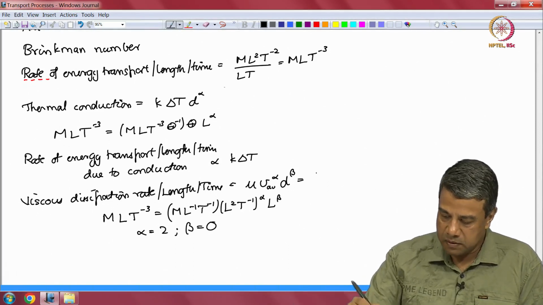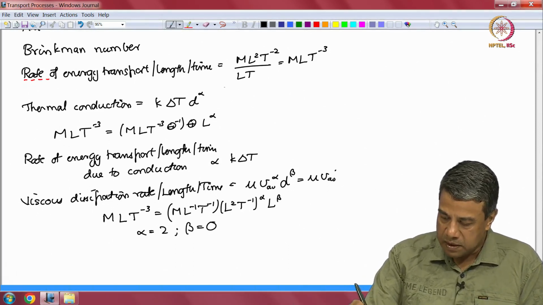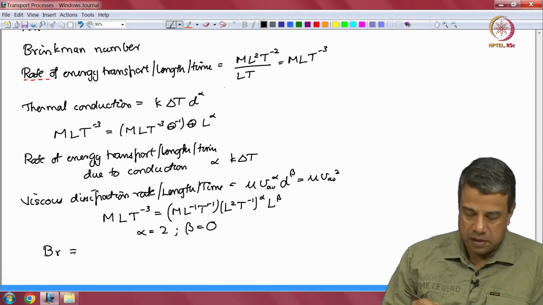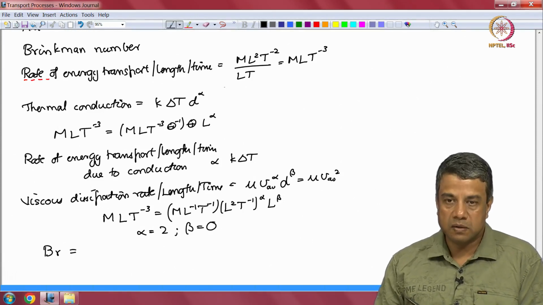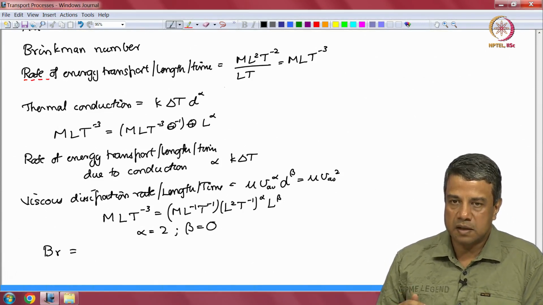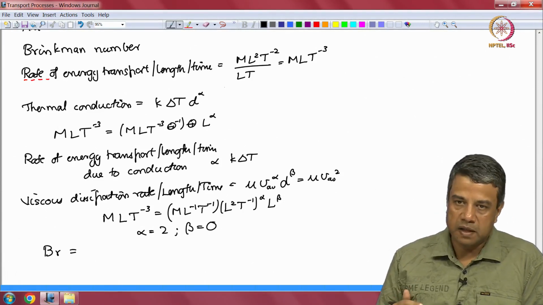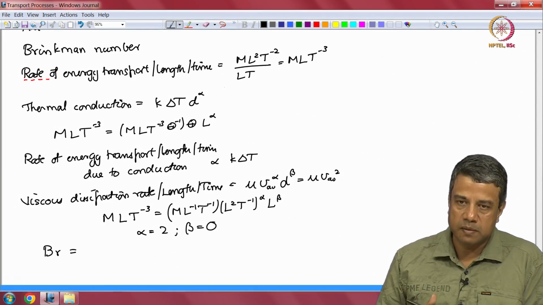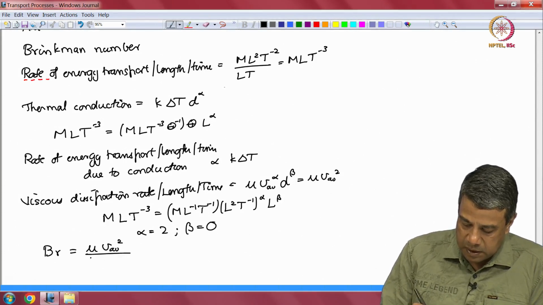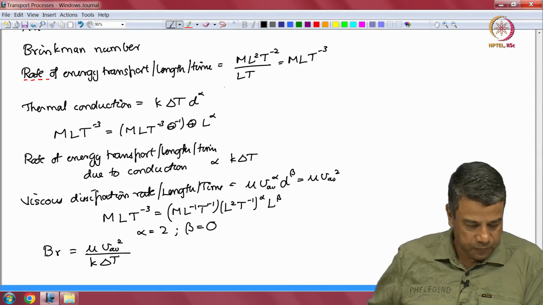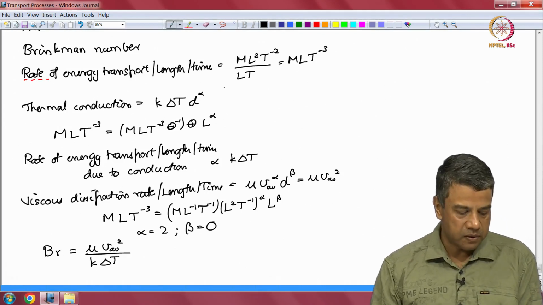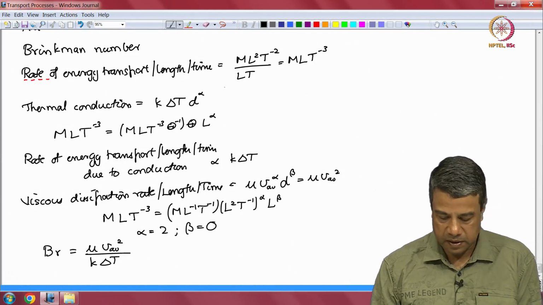Therefore, this is equal to mu V average square, which means that the dimensionless Brinkman number, the ratio of viscous dissipation of energy per unit length of the pipe per unit time divided by thermal conduction per unit length of the pipe per unit time, is just equal to mu V average square by k delta T. Interestingly, this does not depend upon the diameter at all.